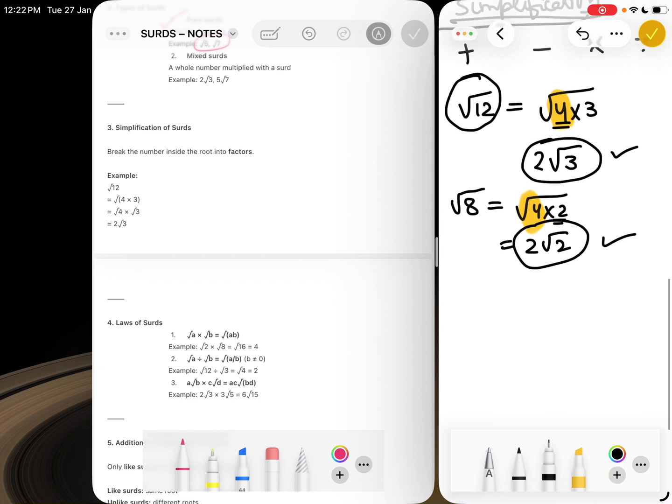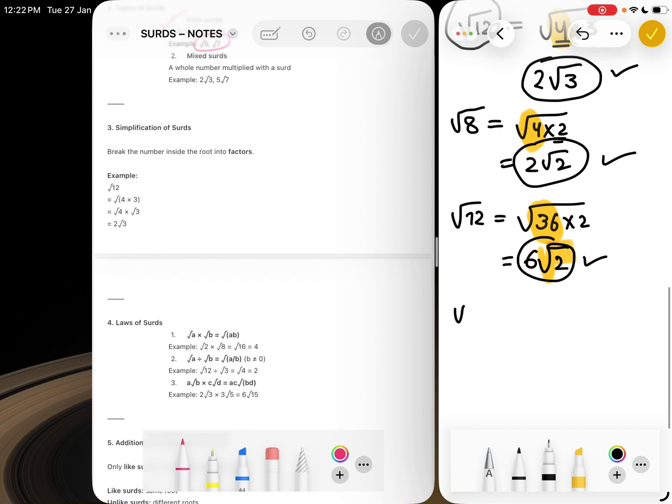Okay, now let's talk about 72. Think 36 into 2 is 72. 36 is the square of 6. 6 will remain outside, 2 will be inside. Let's talk about another number, 50. Again, 25 into 2. 25 is the square of 5.